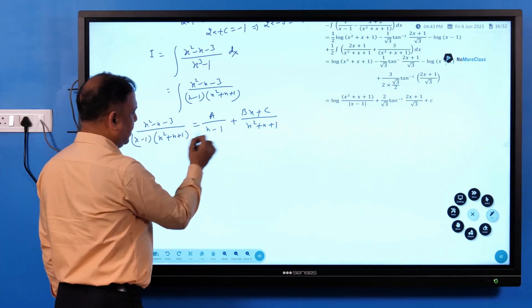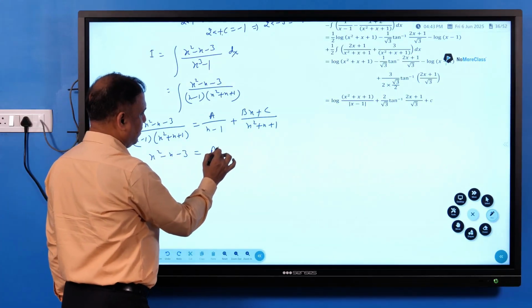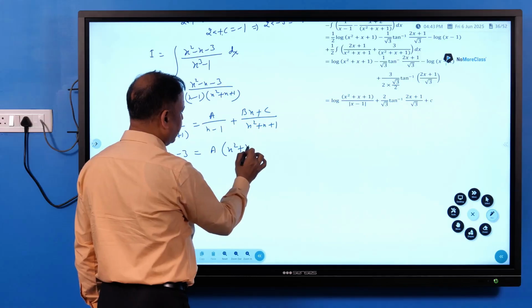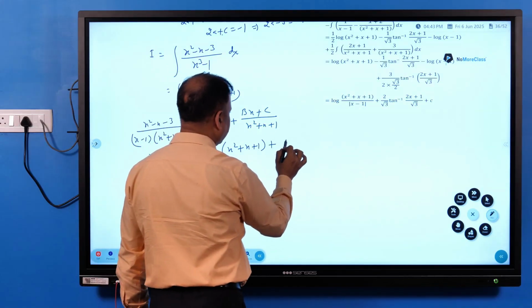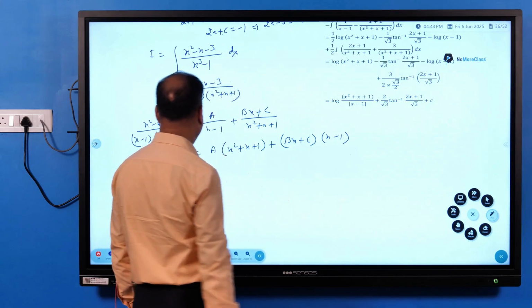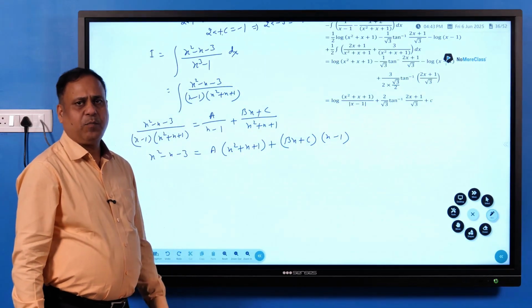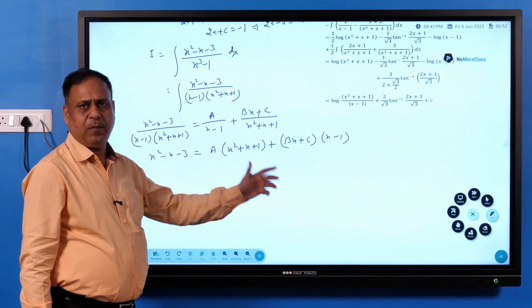When you take the LCM, the denominators will cancel. x² - x - 3 = A(x² + x + 1) + (Bx + C)(x - 1). To calculate A, B, C the process is the same: put x = 0, put x = 1, compare the coefficients.